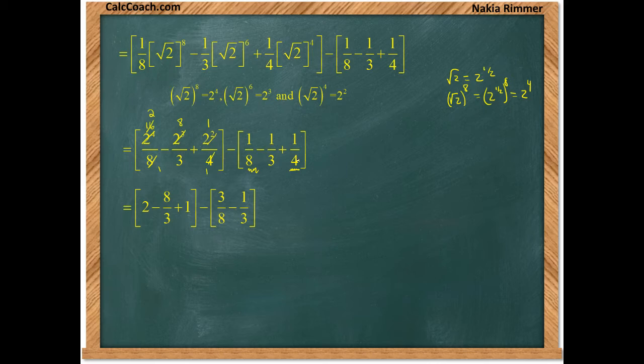We can put those together as both being 8ths, 2/8 and 1/8. That's how we get that 3/8. And then we have our 2. We have our 1. Take away the 8/3 minus the 3/8 by putting these two guys together. And then take away the 1/3.